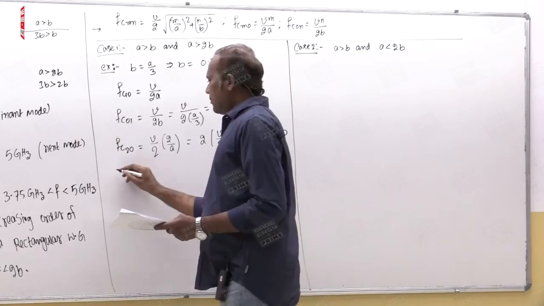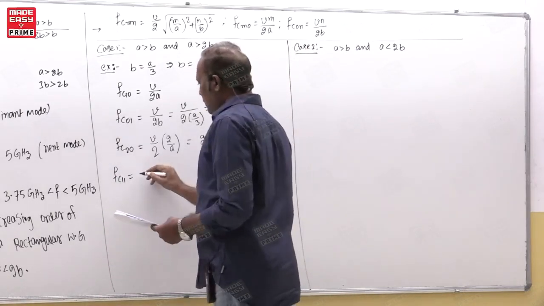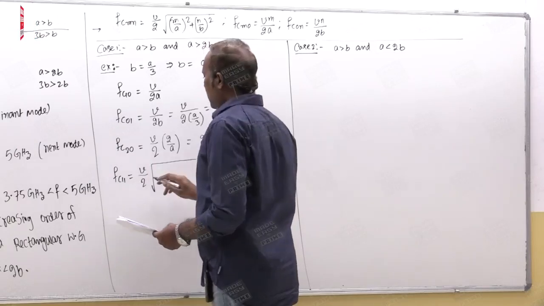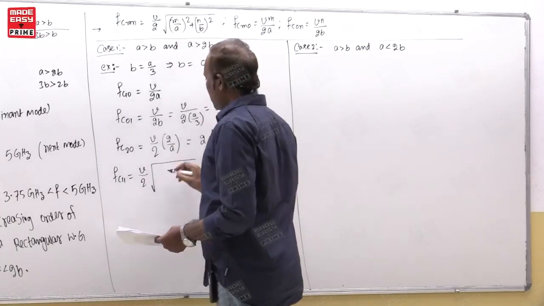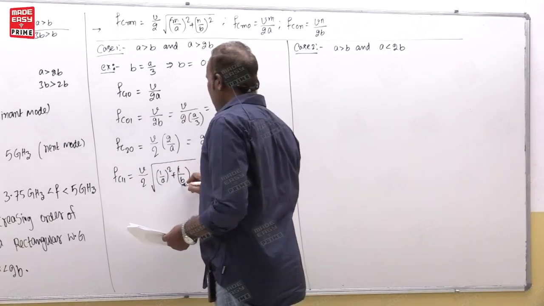Next, FC11 I will calculate. So FC11 is equal to V by 2, and here you put 1 by A square plus 1 by B square.